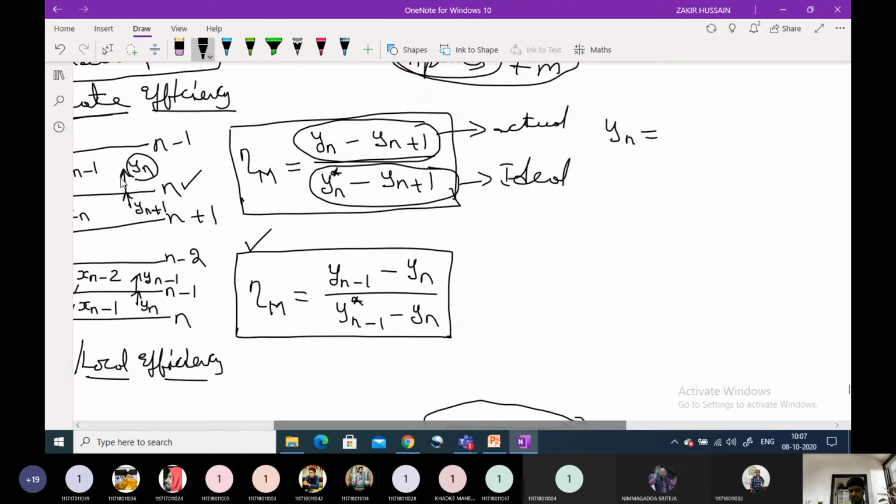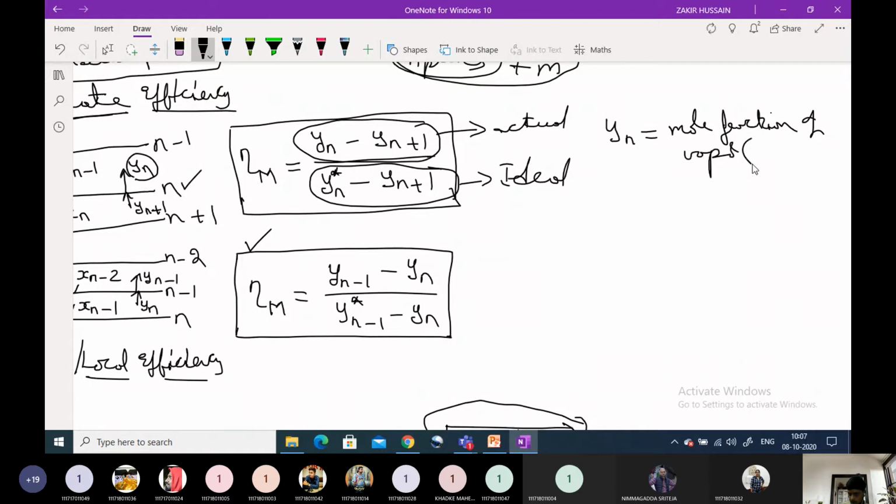So yn is leaving, this arrow is an outside arrow. So yn local is nothing but mole fraction of vapor or more volatile component, leaving the plate n.